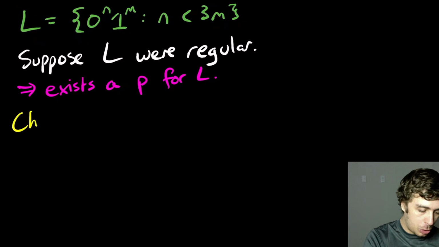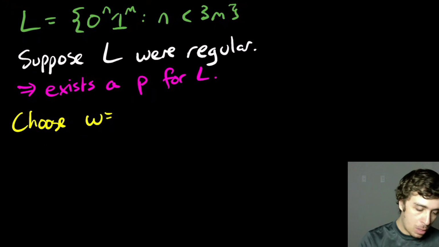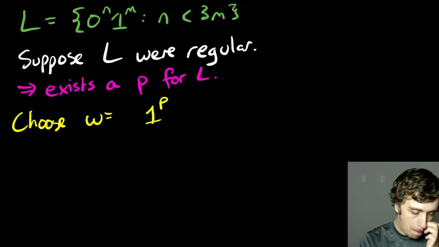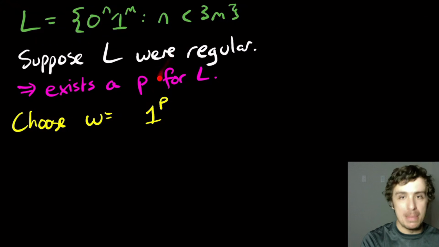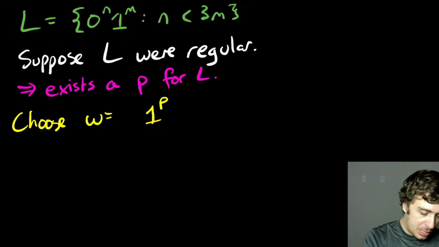So let's see, what can we pick? Well, I'm going to pick p ones to start with. And what we need is that the number of zeros is less than 3p, because that's what the condition up here is saying. So I'm going to pick 0 to the 3p minus 1.